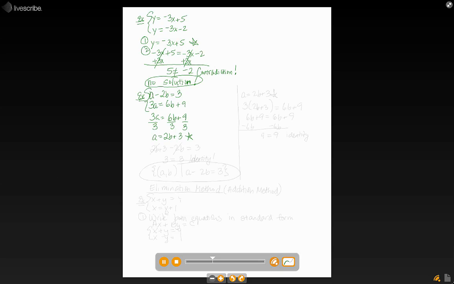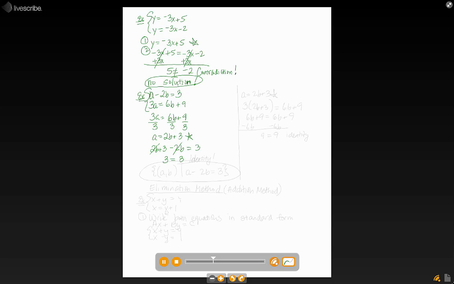Let's say you don't even notice that. Let's just move on and see what happens. If I try replacing A with 2B plus 3, then I get 2B plus 3 minus 2B equals 3. What happens to the 2B's? They subtract to 0. 3 does equal 3.